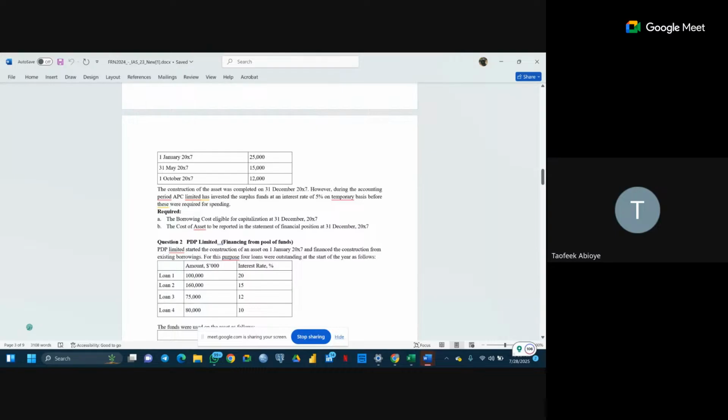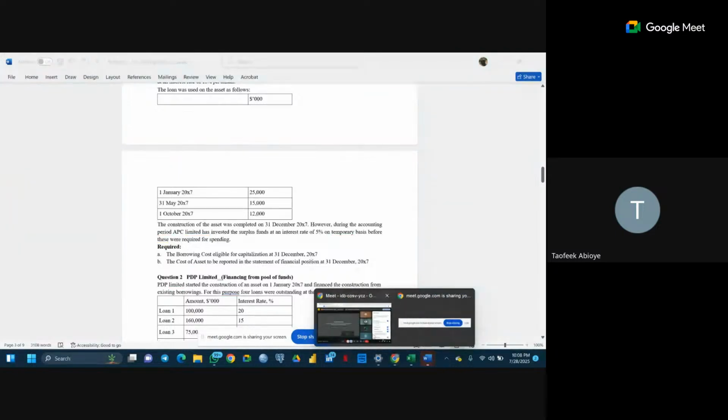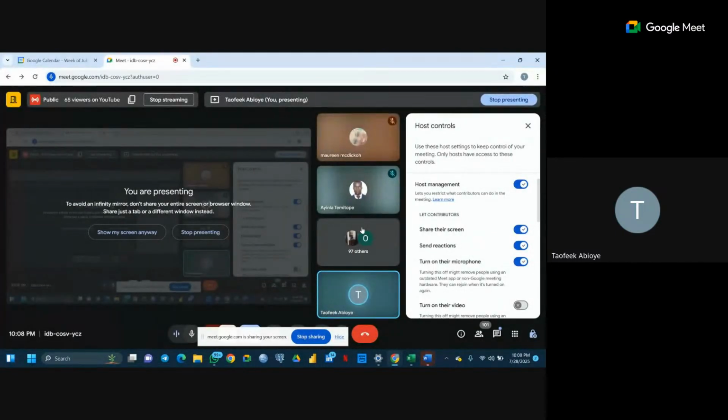So let me first of all explain this, just like I said last week. Let's assume Mr. Temitope borrowed a 10 million loan to complete a particular substantial asset, which is going to take a 10-month period. However, at the beginning of the first month, Mr. Temitope did not withdraw the whole 10 million at once, but rather withdrew 1 million naira to start the project, maybe to buy the land or to acquire what the first stage of the project needs.